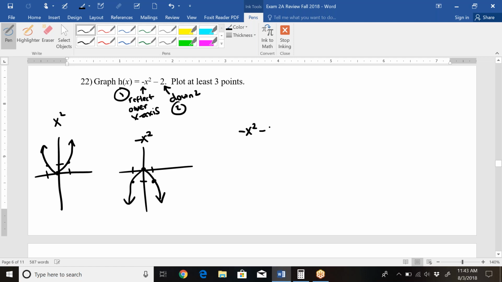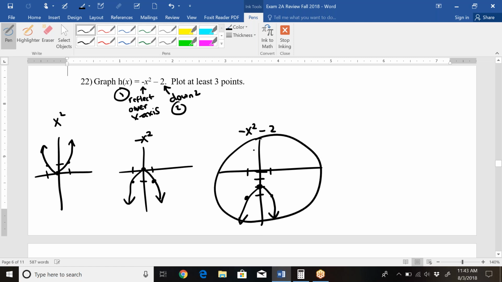And then negative x squared minus 2 means we shift each of those new 3 points down 2. So here was 0, 0, so we go down 1, 2. 1, -1, we go down 2. -1, -1, we go down 2. So notice it's still U, but it's upside down and down 2. And that would be the final placement of that one.